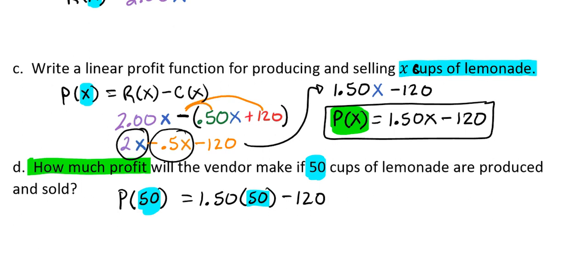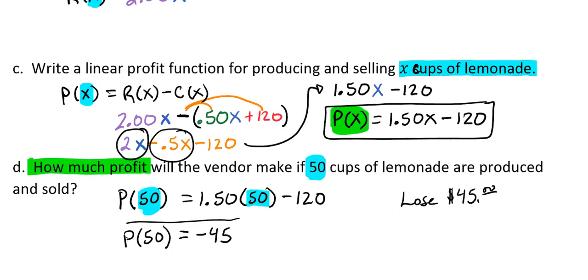And we're going to find that the profit for 50 cups of lemonade is going to be negative 45. So what that means is that we are going to lose $45 because we haven't sold enough to cover the cost of that booth yet. You can write it either way.